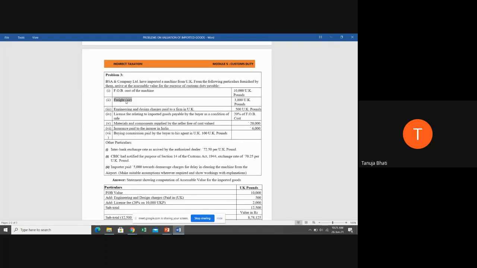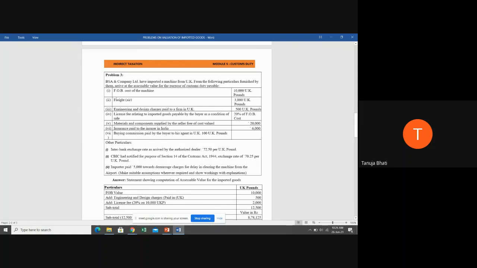Don't take it as local freight and add it in your FAS. When freight is given by air, it simply means the freight is from UK to India. Now by air, we just did revision sometime back that when it is through air, we need to see the actual freight charges or 20% of FOB, whichever is less, should be taken as freight charges.